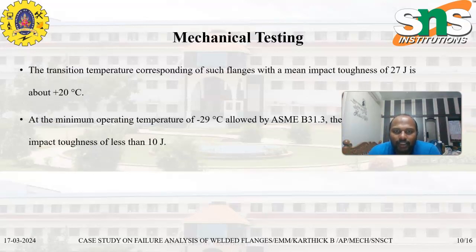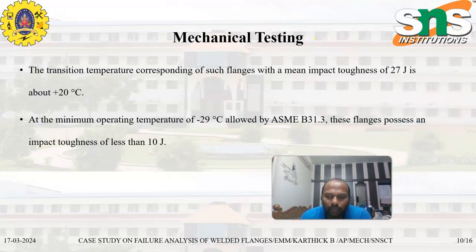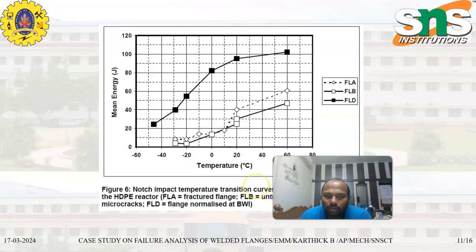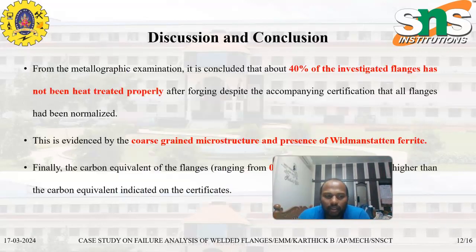In mechanical testing, the transition temperature corresponding to such flanges at a mean impact of 27 joules is about plus 20 degrees Celsius, and the minimum operating temperature is minus 29 degrees Celsius as allowed by ASME (American Society of Mechanical Engineers) B31.3, and the flange possesses an impact toughness of less than 10 joules.